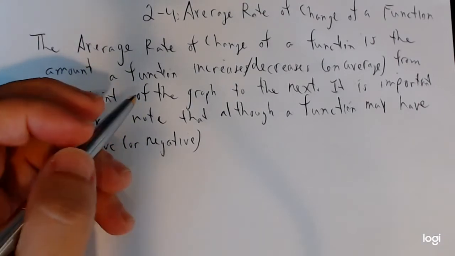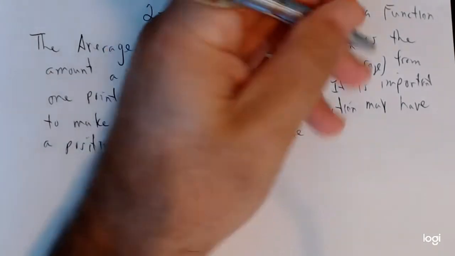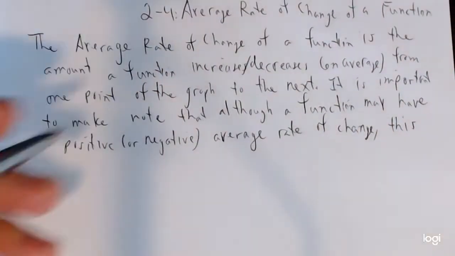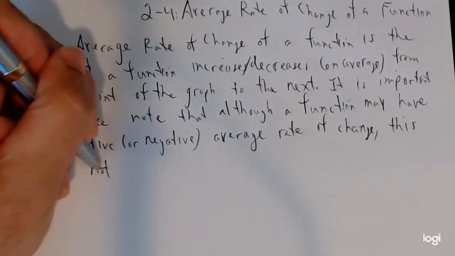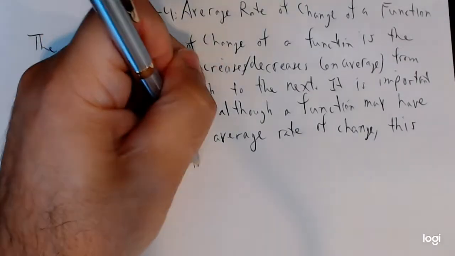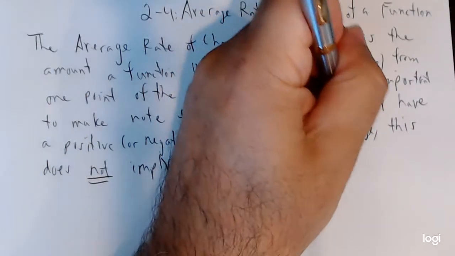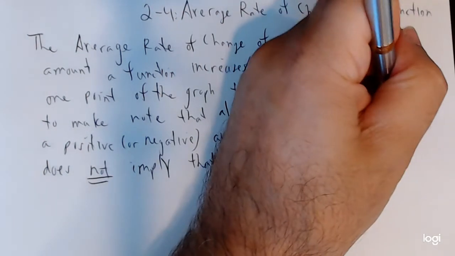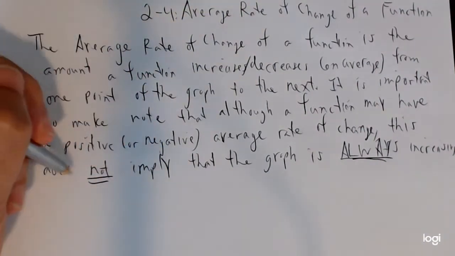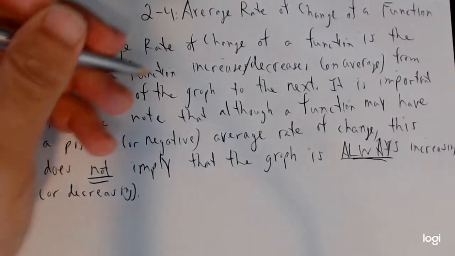So a positive or negative average rate of change does not imply that the graph is always increasing, or decreasing, between those 2 points.